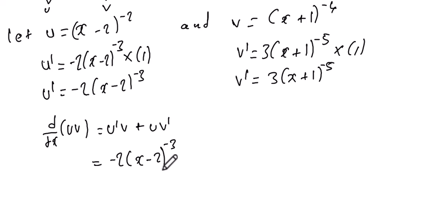Our v function is just going to be x plus 1 to the power negative 4. Then we're going to have plus.